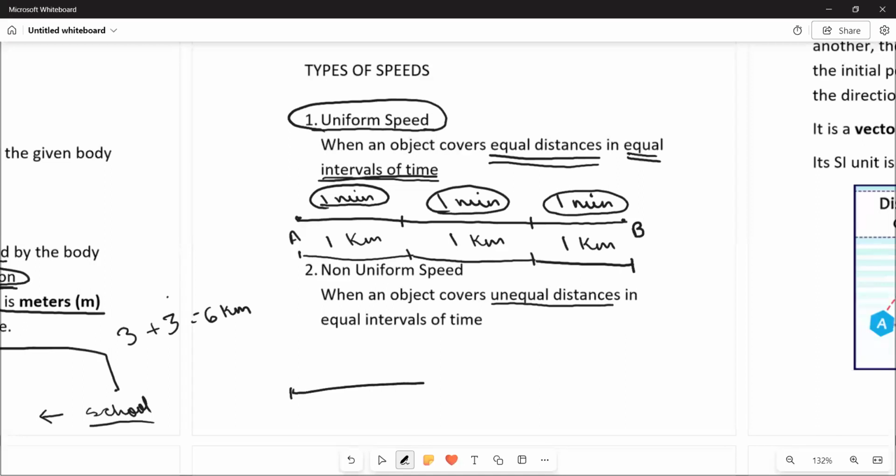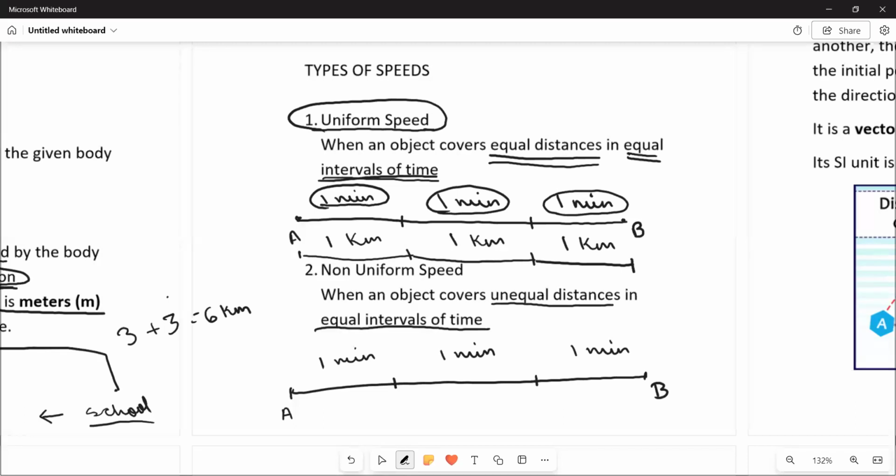Consider we start from point A and we go to point B. Say we have made three different intervals, 1 minute, 1 minute, and 1 minute. Here we have made equal intervals of time.